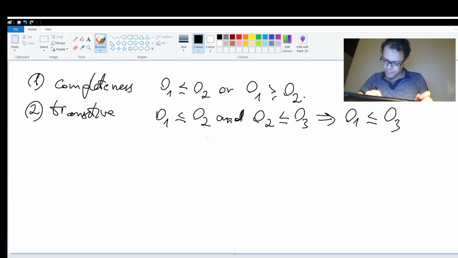So you can transit from Q1 being at least as good as Q2 and Q2 being at least as good as Q3 to compare Q1 and Q3.